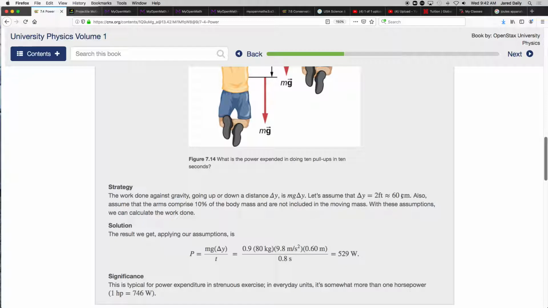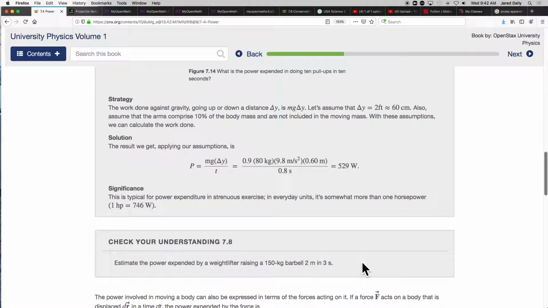So it's about 60 centimeters, 0.6 meters, and that's fine. But in this case, the power is equal to the amount of work done, or the change in the work, divided by the time. So the work is m times g times the change in height, because they're doing work against gravity, right? So mg times change in y over t, and they plug in all their numbers and they get 529 watts.